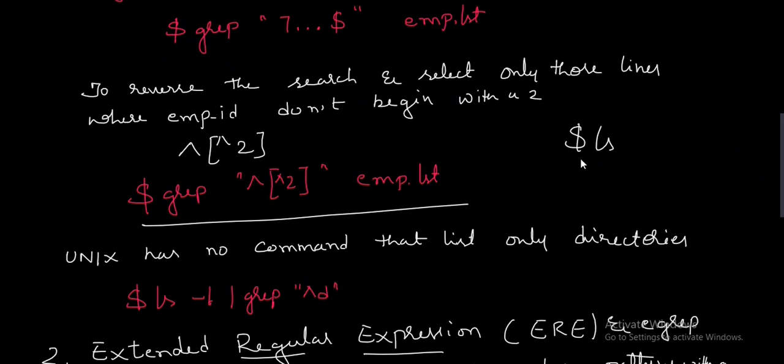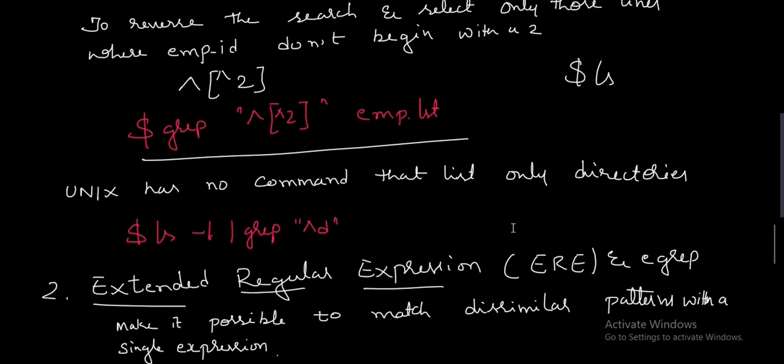Did we try to fetch only the files or only the directories anytime? We don't have any such options with respect to the shell commands we have used. So now you can do that using this regular expression, that is $ls, listing files with all the attribute information, that is -l.